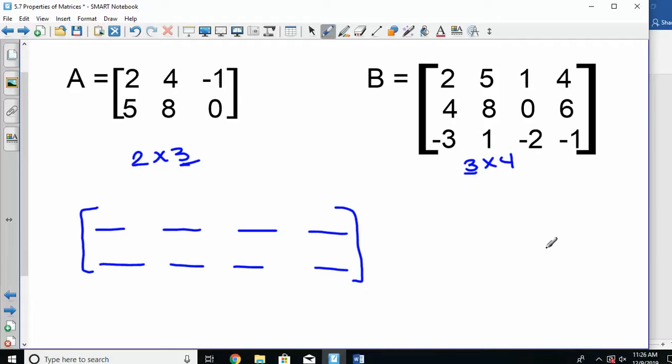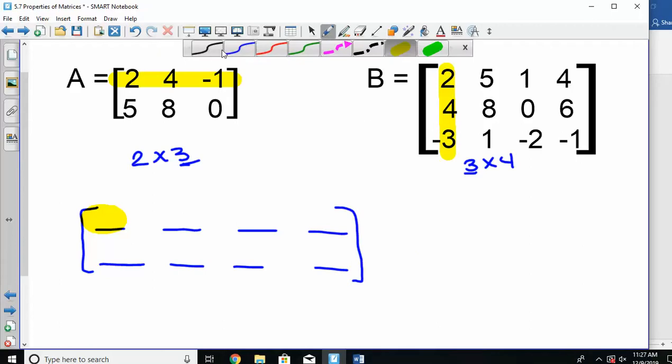When you multiply, you will multiply rows by columns. So to get this entry, this is in row 1, column 1. So I will take row 1 times column 1. Okay, so remember when we multiply those, we multiply the corresponding numbers and add them together.